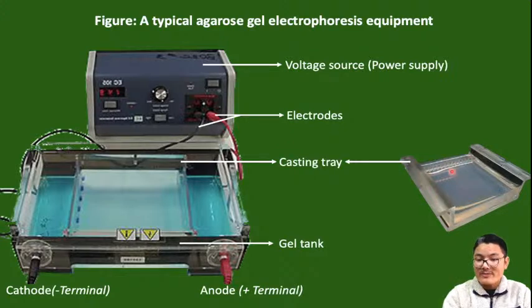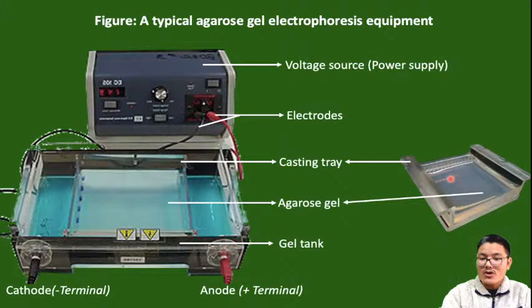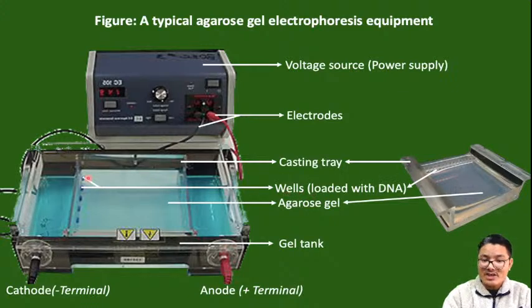While preparing the gel we also make wells. The wells are tiny depressions prepared with the help of an instrument called a comb. The comb has teeth, similar to the comb we use for untangling our hair.